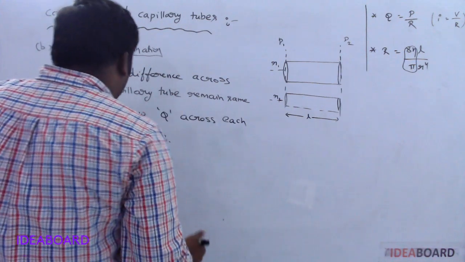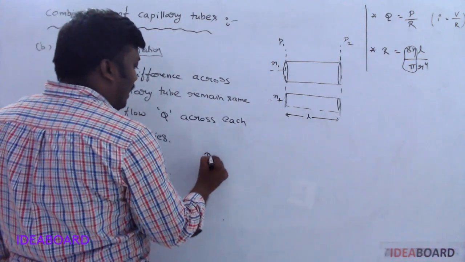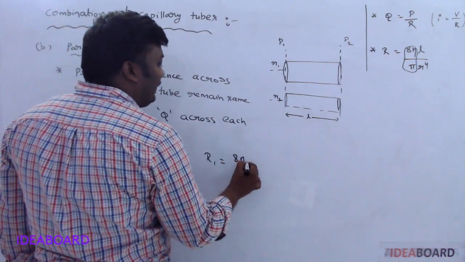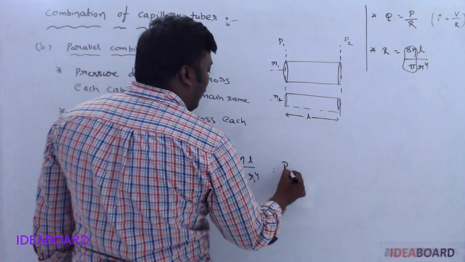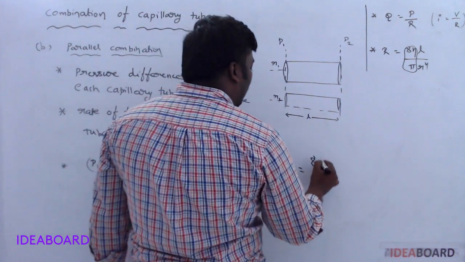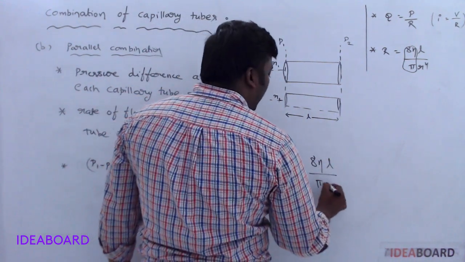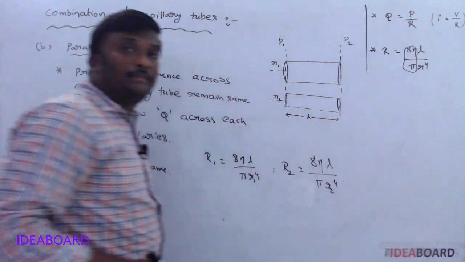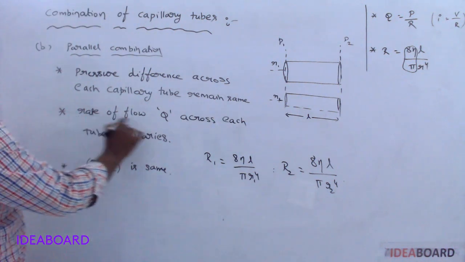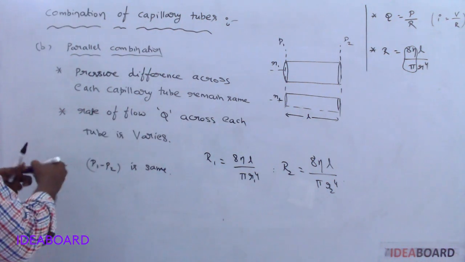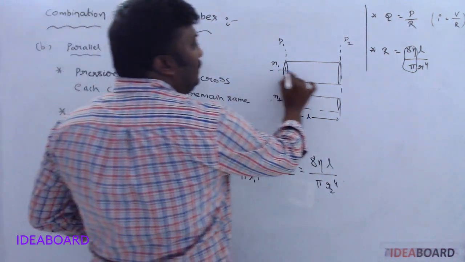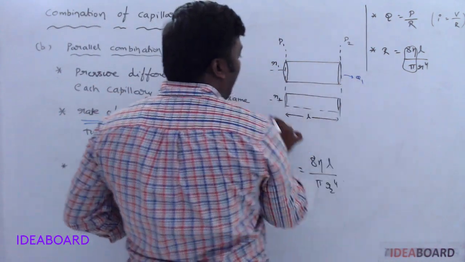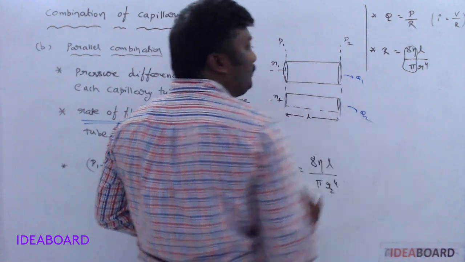Then what is the formula for R1 and R2? R1 value is 8 eta L by pi R1 power 4 and R2 value is 8 eta L by pi R2 power 4. And which one changes here? The rate of flow changes now. So here the rate of flow is Q1 and here the rate of flow is Q2.